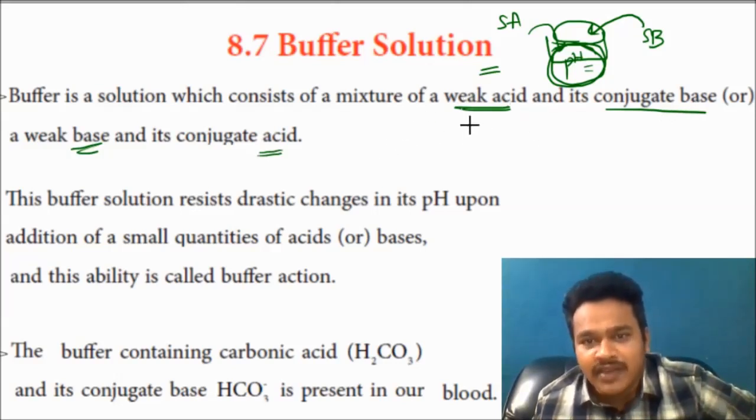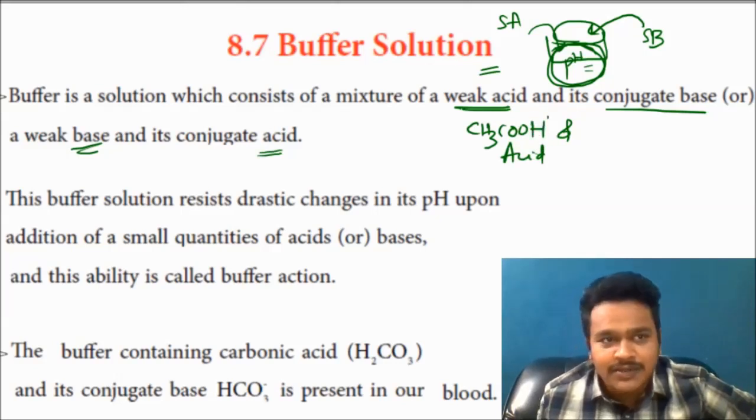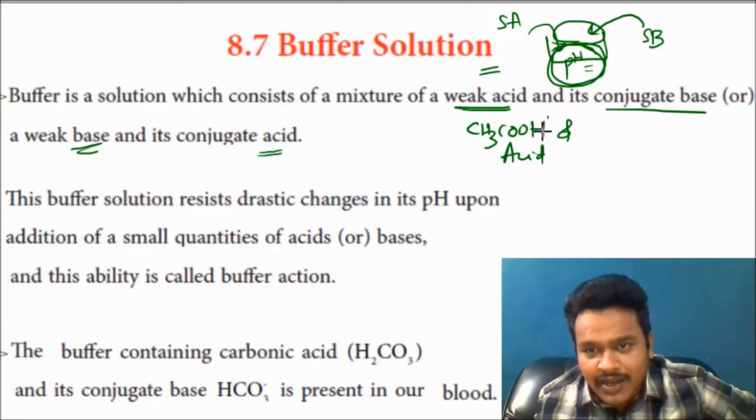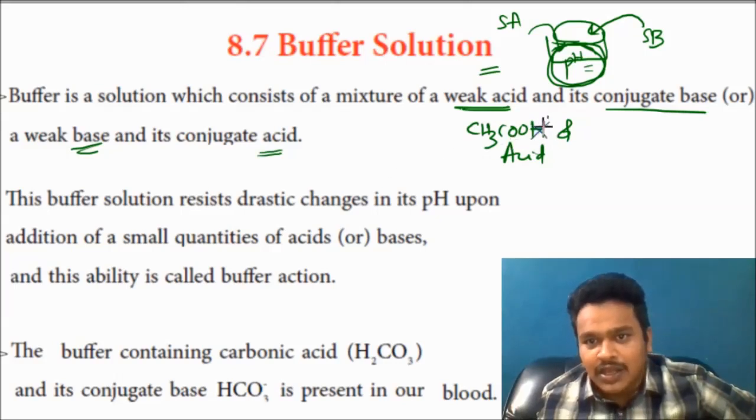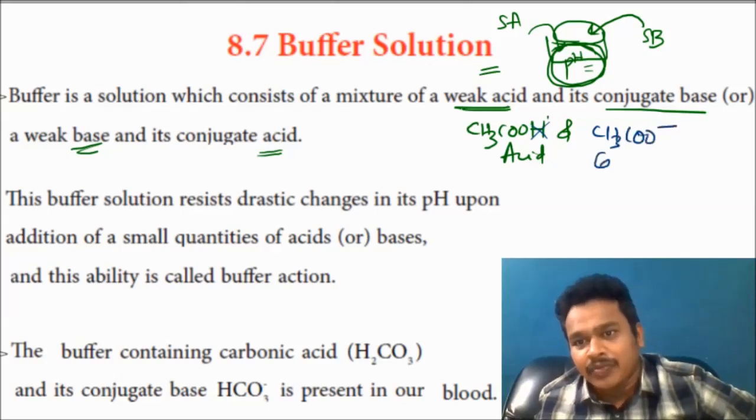Example, I will take a weak acid, CH3COOH. What is its conjugate base? What is the property of an acid? It has to lose this H plus. Once it loses it, what is going to form? CH3COO minus. You can say this is the conjugate base.